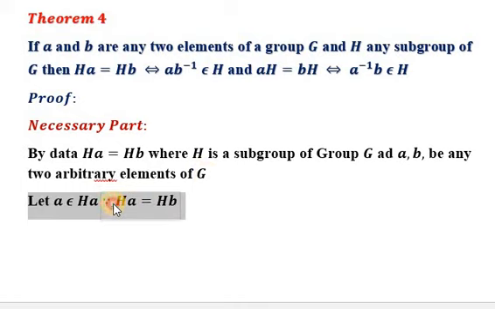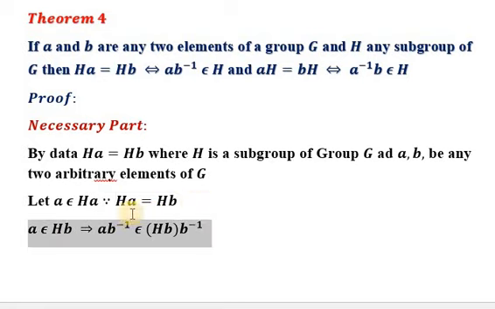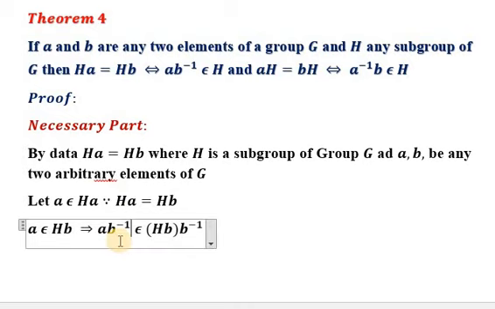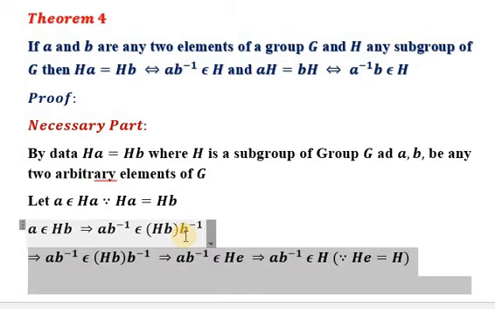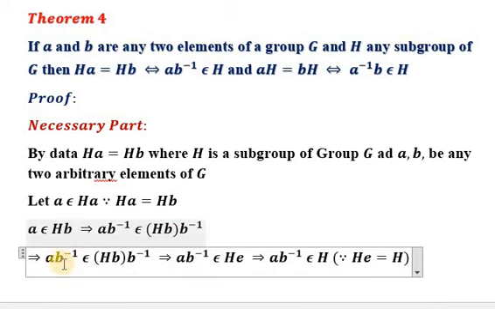Let a belongs to the coset Ha, since Ha is equal to Hb, so a also belongs to Hb, which implies that ab inverse belongs to coset Hb into b inverse. Because a belongs to Hb, therefore ab inverse belongs to Hb b inverse.